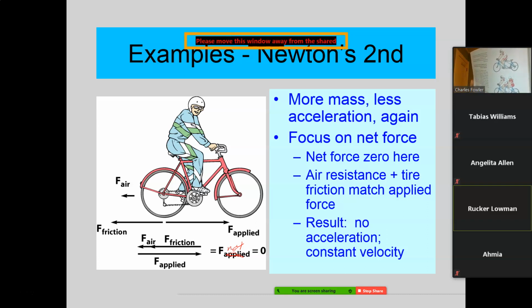Okay, now let's just say that she was the same mass as he was. What have you done now? You've doubled the mass. You decrease your acceleration. Okay, he's either going to have to do twice the force, applied force, to maintain that net force of 0, or if up there he was going at a net force, say, of 1 Newton to the right, if she gets on and doesn't do anything, now he's only going to be doing it 2 newtons to the right, if that's his net force.